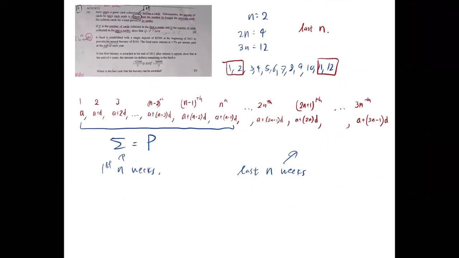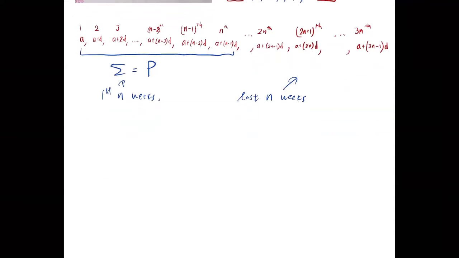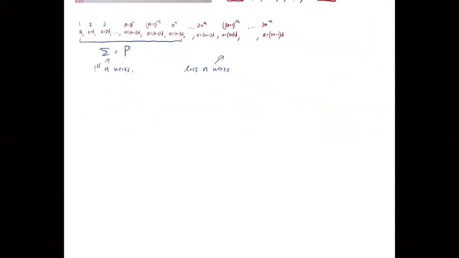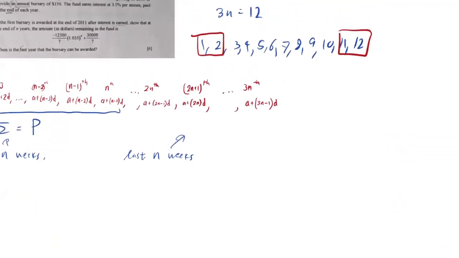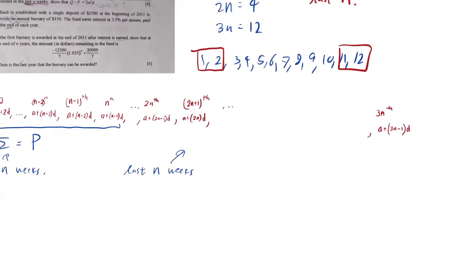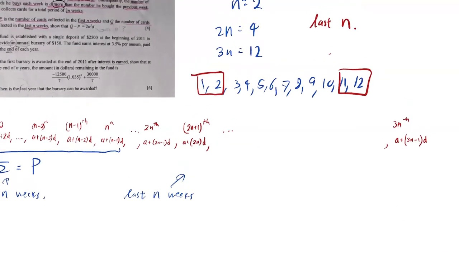I need more space. Wait a minute. Last N. So in this case, actually it's 2. Over here, the N may not be 2, right? So is it 3N minus 1?